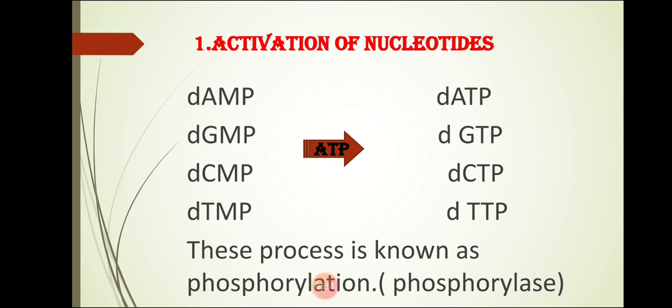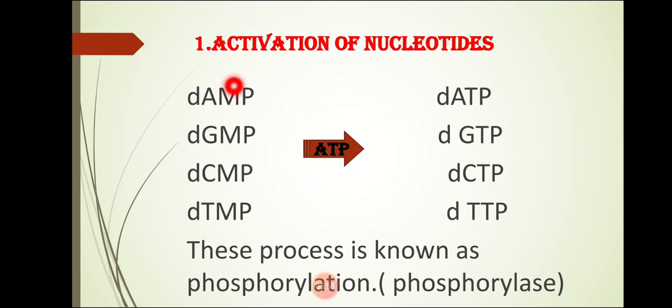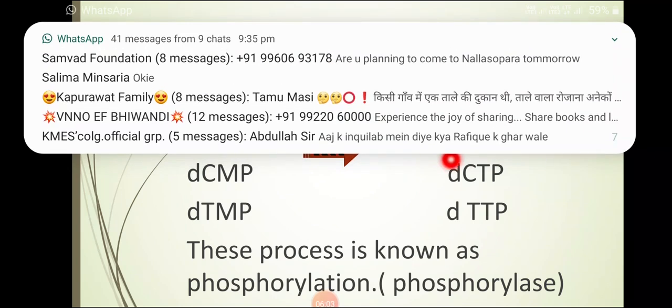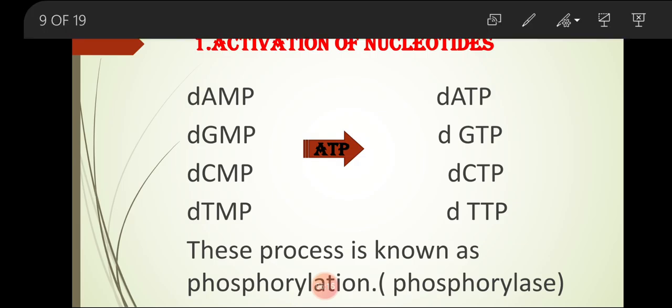That is, adenosine monophosphate gets converted to adenosine triphosphate, guanine monophosphate gets converted to guanine triphosphate, cytosine monophosphate gets converted to cytosine triphosphate, then thymine monophosphate gets converted to thymine triphosphate. And this process takes place in the presence of ATP and the enzyme phosphorylase, and hence this process is also known as phosphorylation.